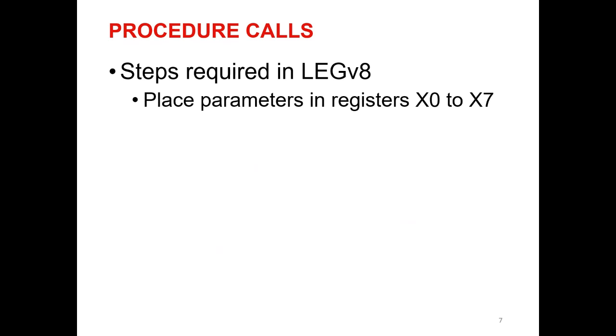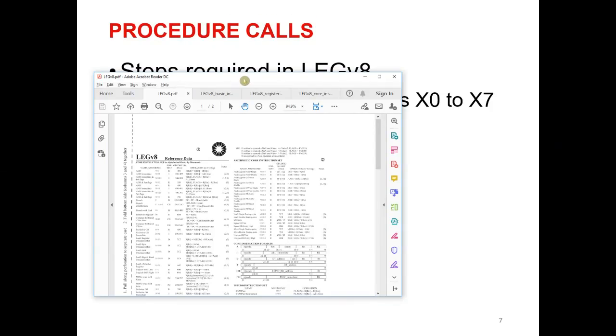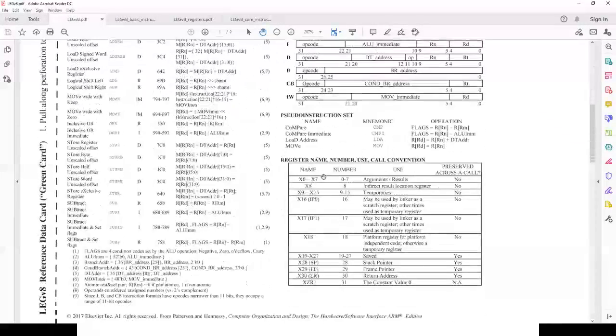And how do we know that those registers are intended for that? Because remember, I told you that in the LEGv8 reference data that you can find on Canvas, we have a summary of the registers, and we see here that registers 0 to 7 are used for arguments to procedures and also for sending the results back.